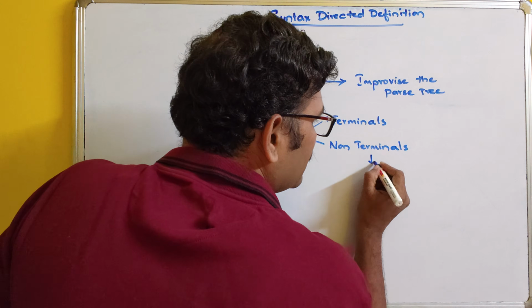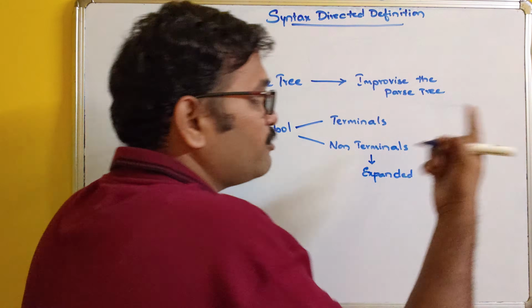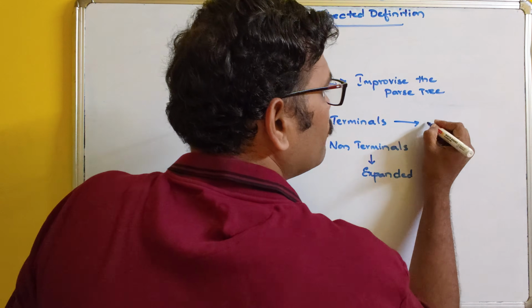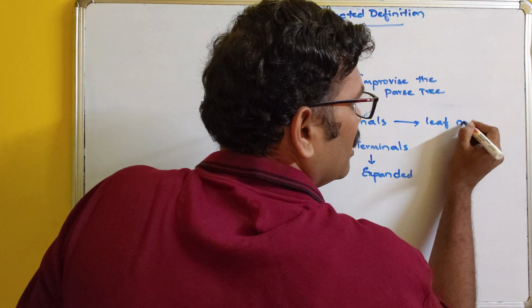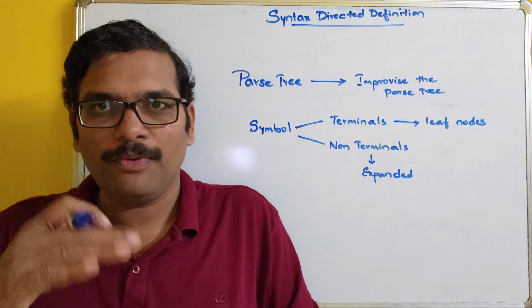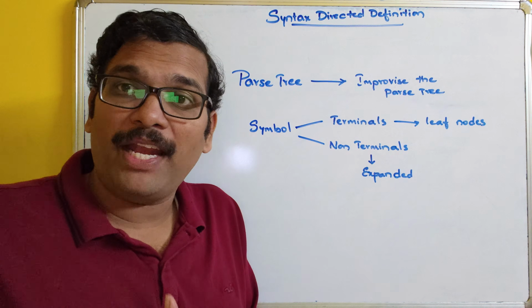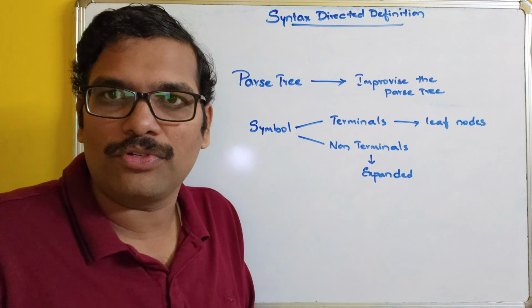Terminals will be the leaf nodes, so they can't be expanded, as that will be the last one. A non-terminal can be expanded until it reaches the leaf nodes.